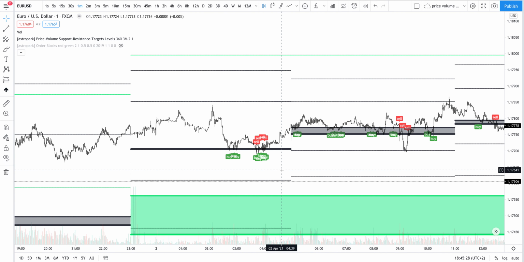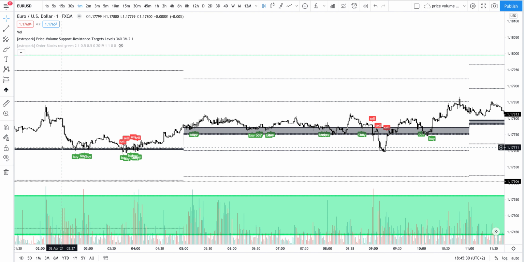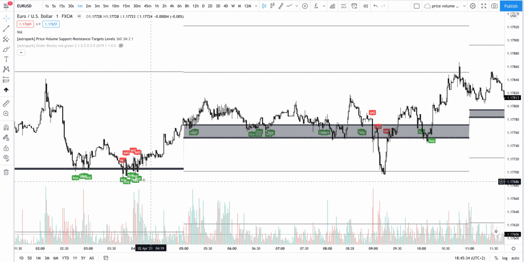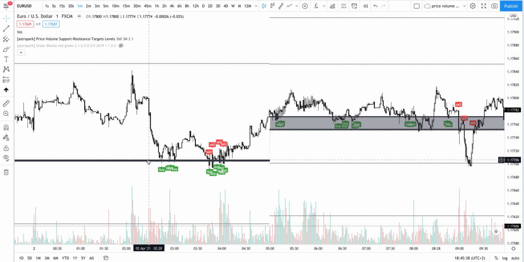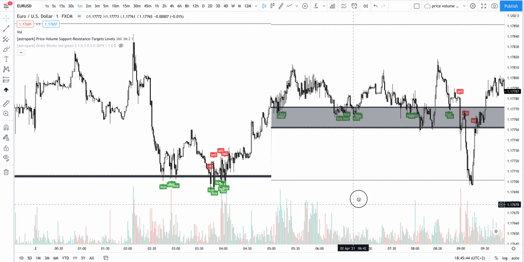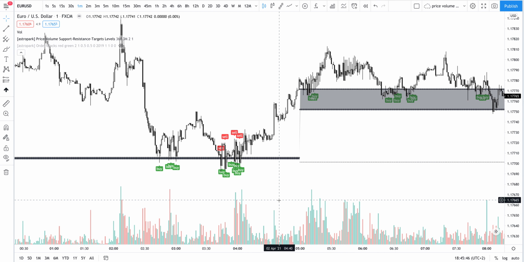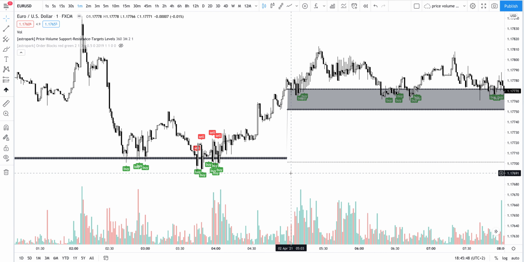So here first we're nice long, then really, because as you can see the zone is very thin, it happens in this case that you have buy, sell, buy, sell.